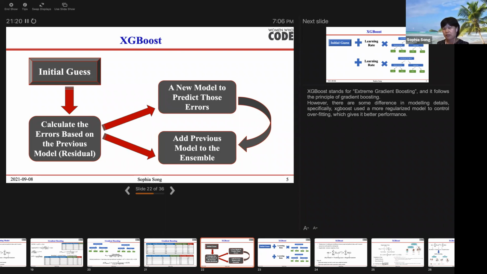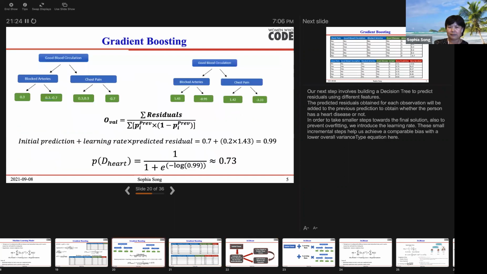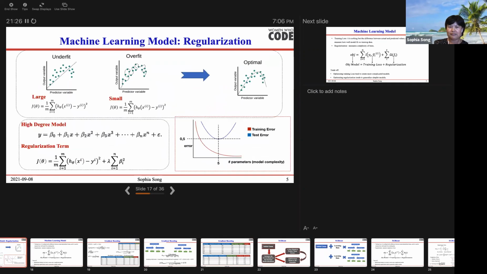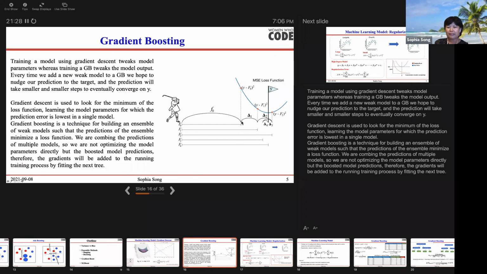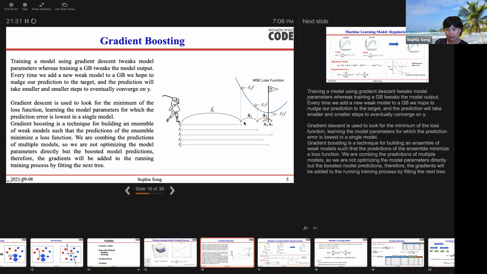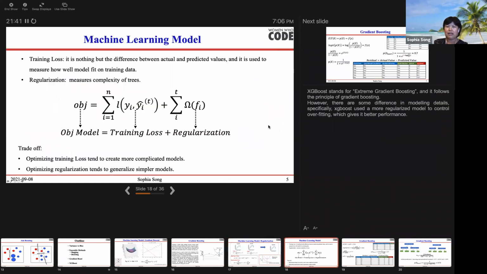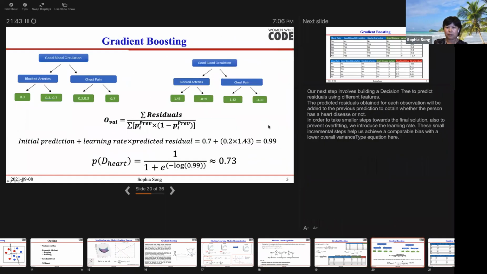So we always add this differential to the previous model. Finally, your final model will be very close to the target. I think that's how XGBoost works.